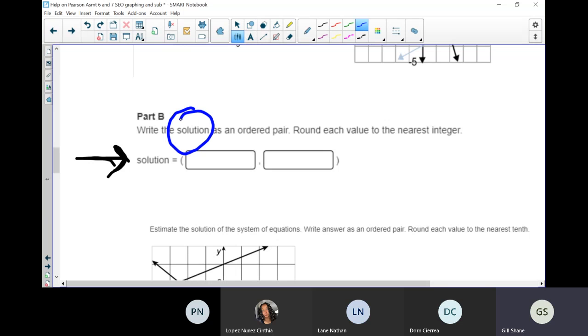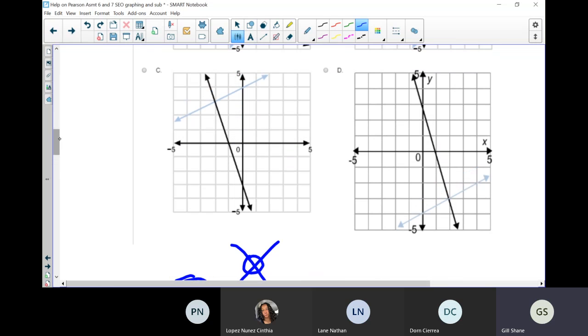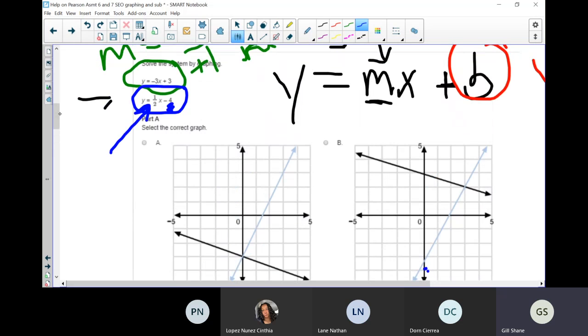The solution is where the lines cross. It doesn't matter what the lines look like, wherever they cross is the solution. All right, let's go back up and see where they cross. If this were the correct graph, which is not, I'm not giving you answers, so that's why I'm still using this graph.